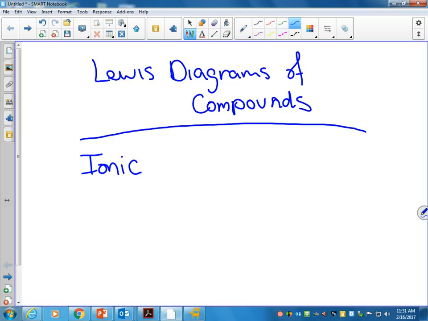Before we really look at the Lewis diagrams, let's just go quickly. What's over ionic? What can we call ionic? Metal, non-metal bonding. We always write the metal first because it appears first on the periodic table. It's on the left side. So metal, non-metal bonding. Okay. Does anyone remember the definition of ionic bonding?